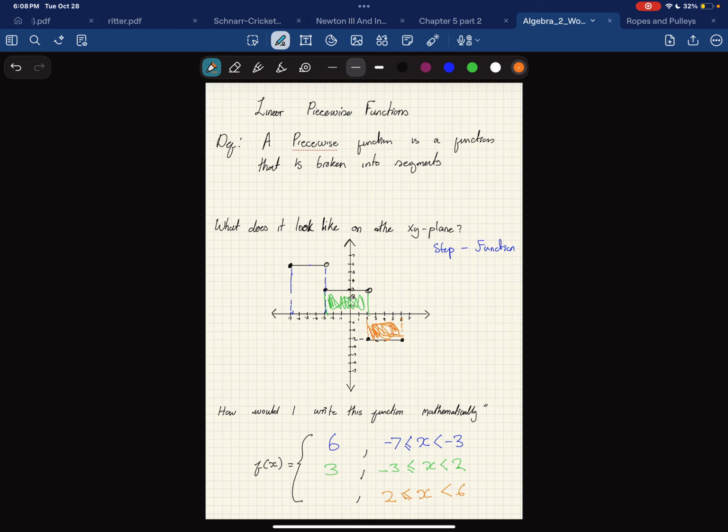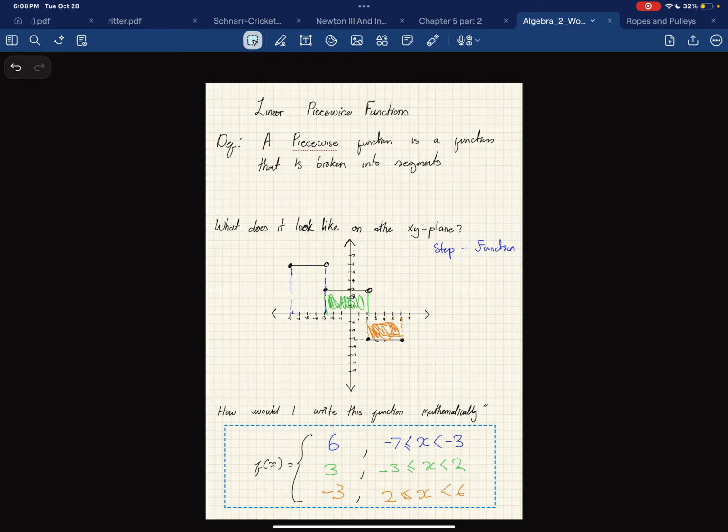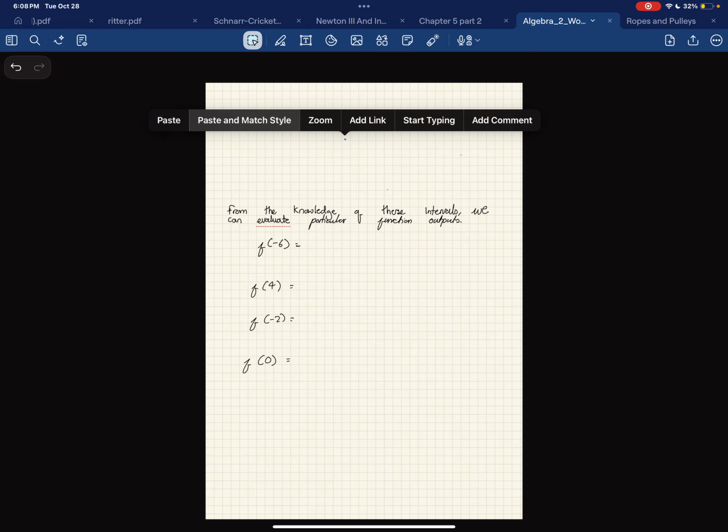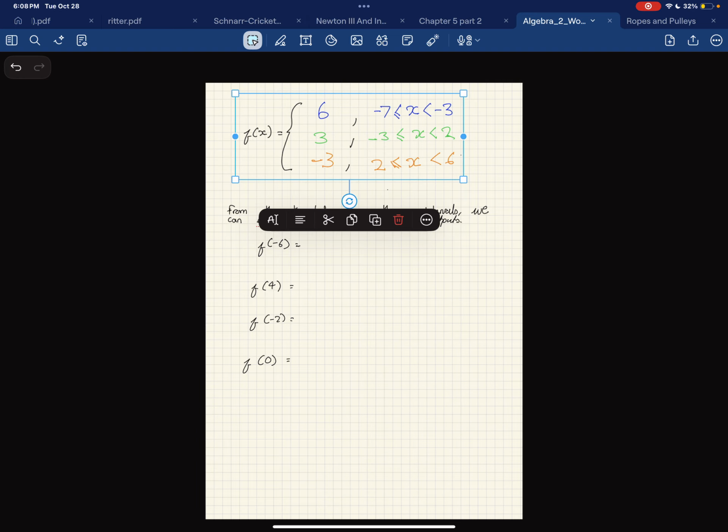So what's the function value, the output at that point? We have -3. So there's our function definition. I'm going to copy it here for convenience.